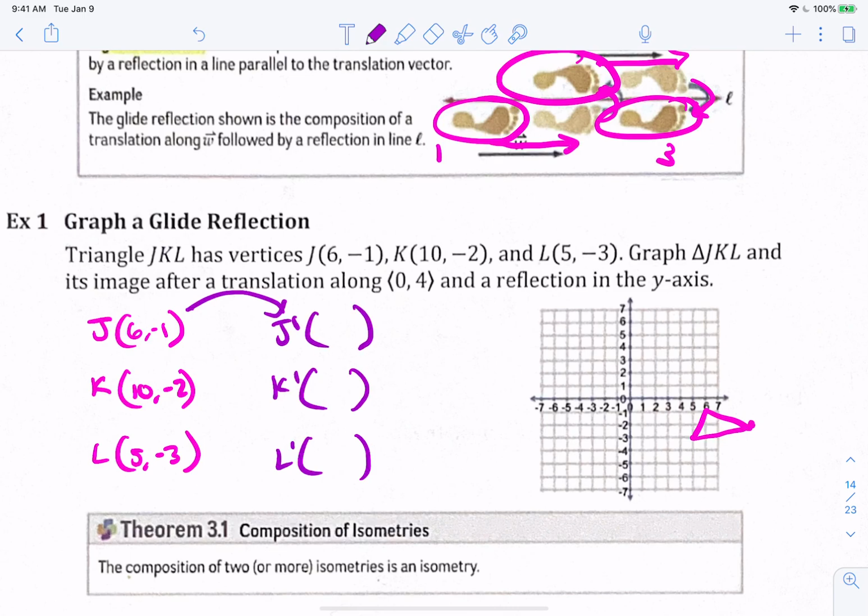The first thing that we are doing is translating it along the shift 0, 4. What does 0, 4 do to it? 6 stays the same on the first one. And how does the 4 change it? It's like moving it up 4.